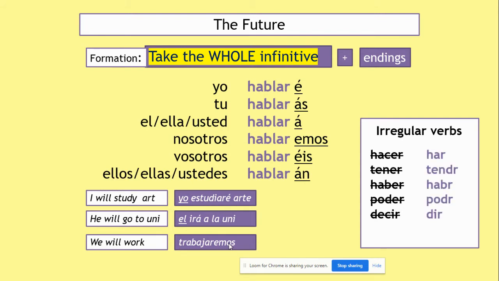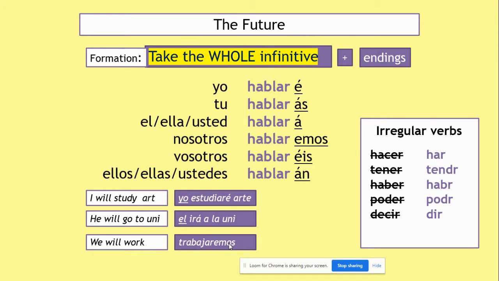Okay, so here we have, for the verb hacer, which is to do, we will use a stem har. So if I want to say I will do, I'll say haré. Okay, the verb tener, to have, the irregular stem is tendr. If I want to say I will have, I will say tendré with an é at the end.